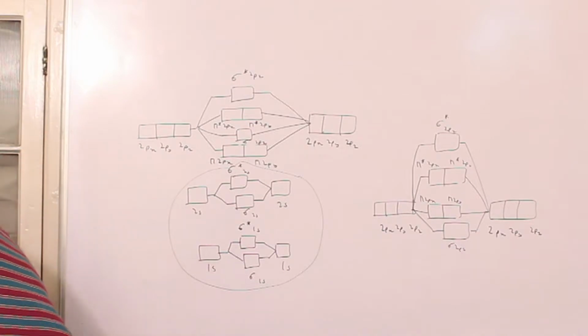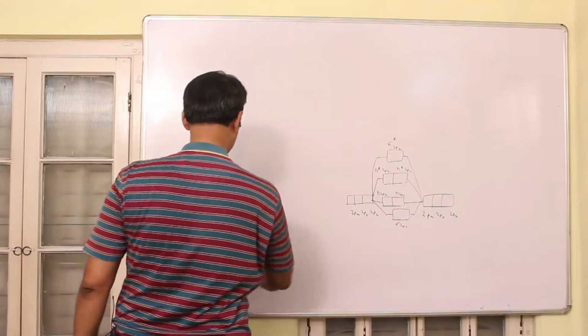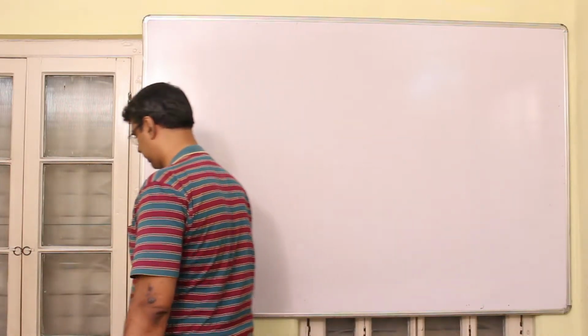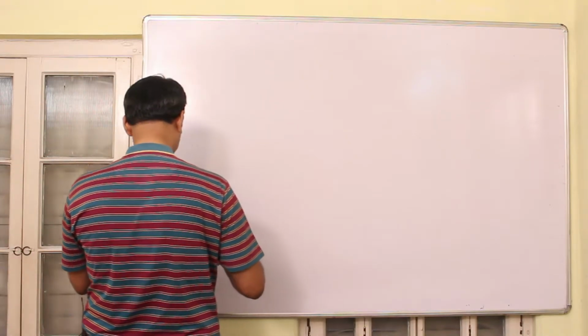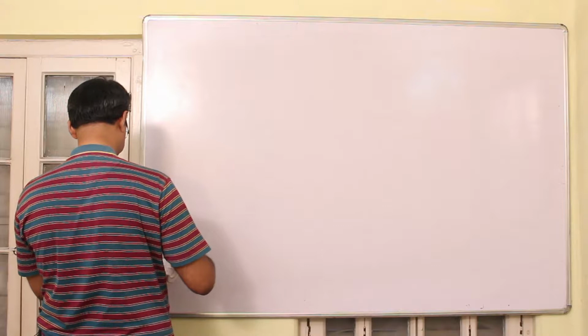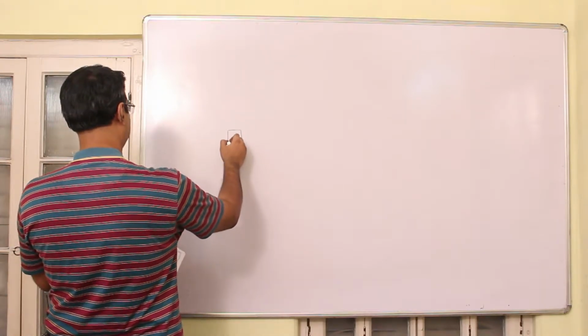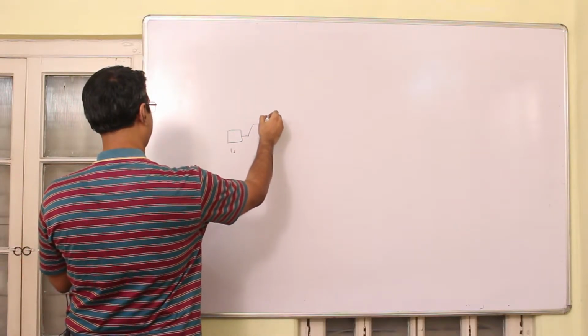Now, keeping this molecular orbital energy diagram in mind, let us try to analyze the electronic configurations of some of these elements. So we begin with H2. Now H2, you know that every hydrogen atom has only one orbital, that is 1s.